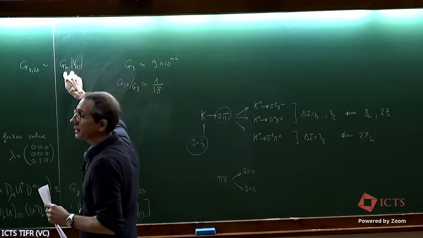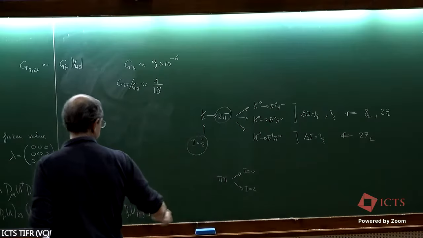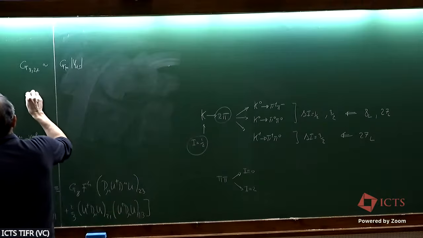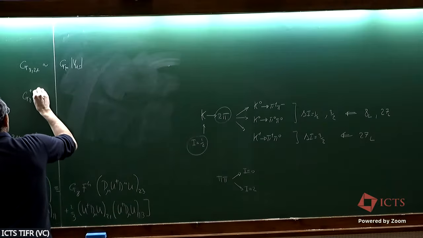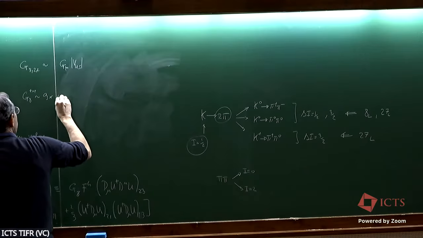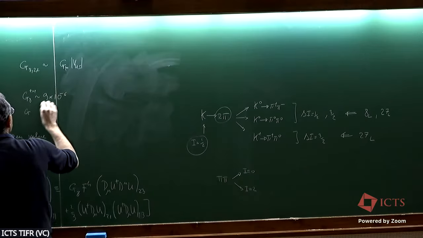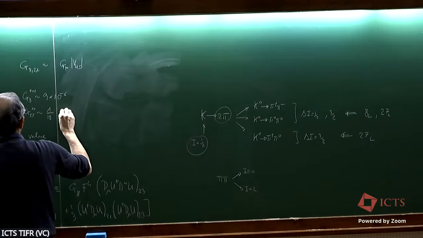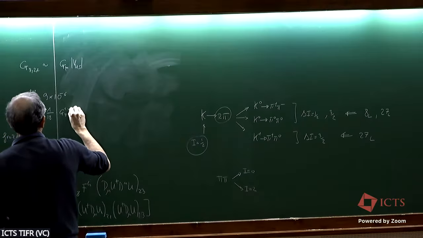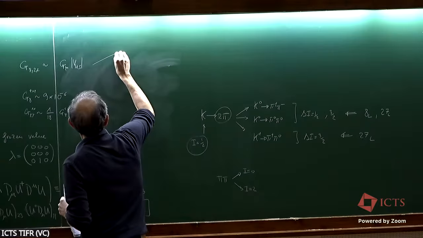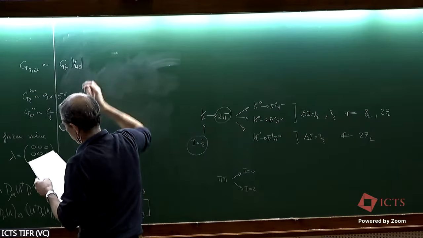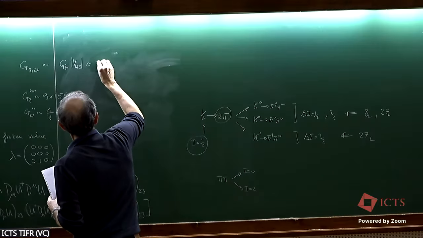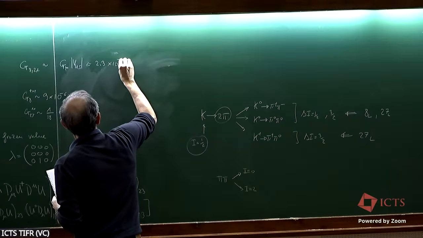the natural size is this one, okay? So what is this? Maybe I should put it here. So we have this G8 experimentally is 9 × 10^-6, while G27 experimentally is almost 20 times smaller than G8. So this number, now if I put the number, it's 2.3 × 10^-6.